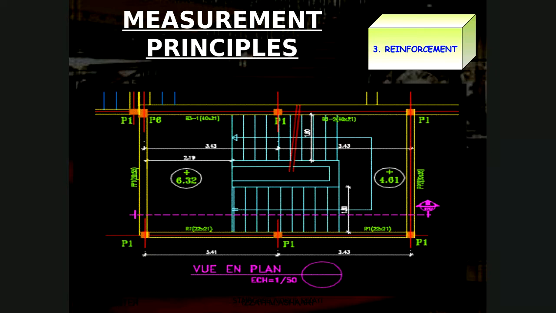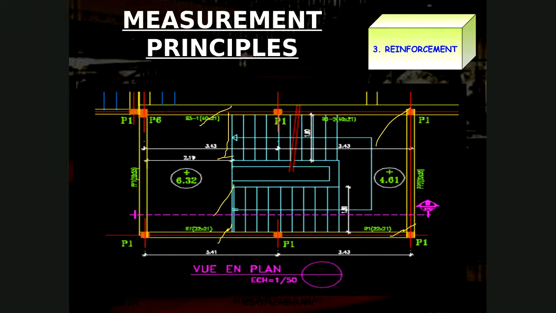Okay, this is the example where you can see the drawing, the layout plan in AutoCAD, where you can see the dimension of the landing slab. This is the landing slab. You can see the width of the staircase. Why is this information needed?